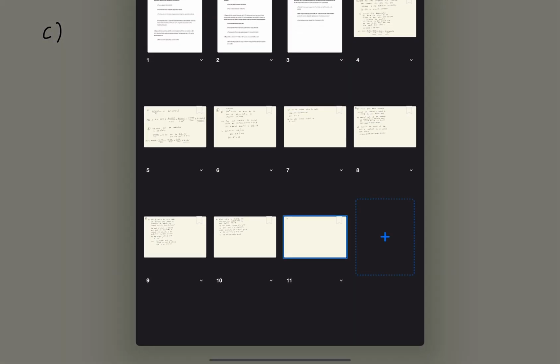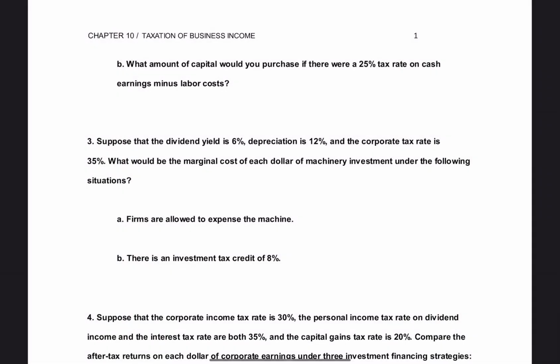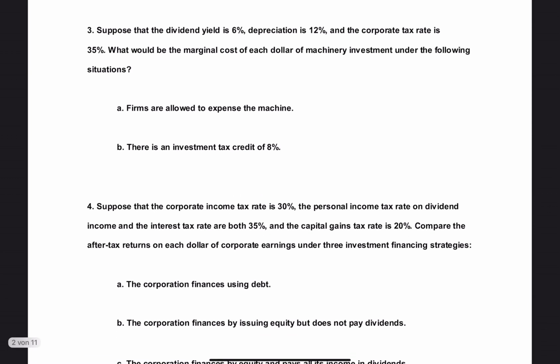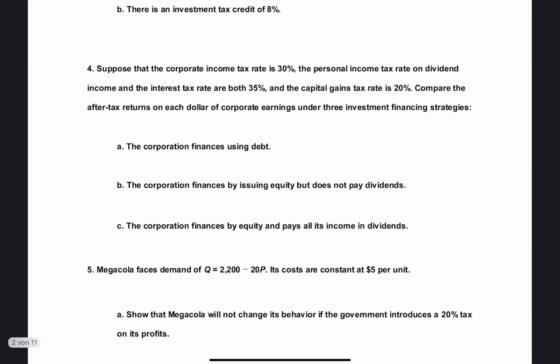Okay, this brings us to the last sub exercise for exercise 4. So now the corporation is financing by equity and pays all its income in dividends. So all the profits are paid out in the form of dividends.